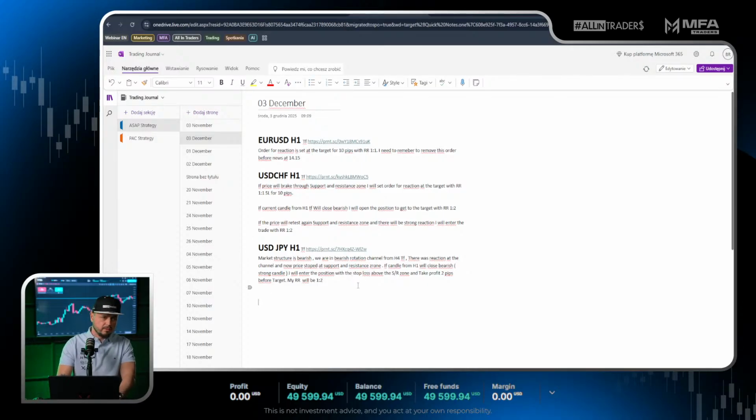That is crude oil. Okay. Market structure is bullish.